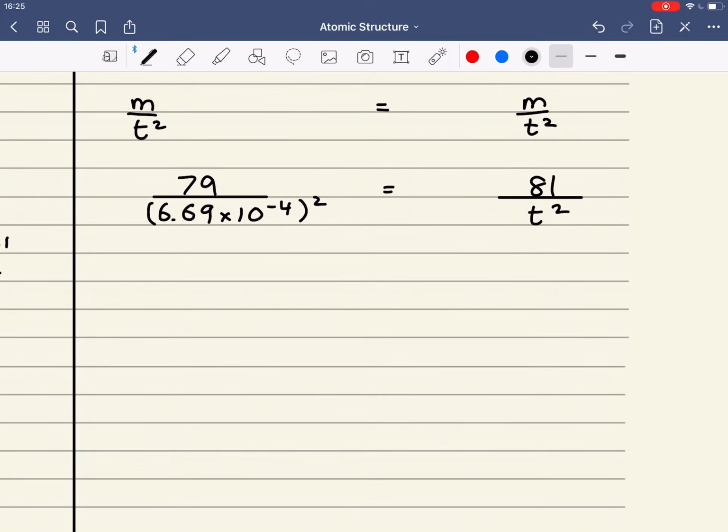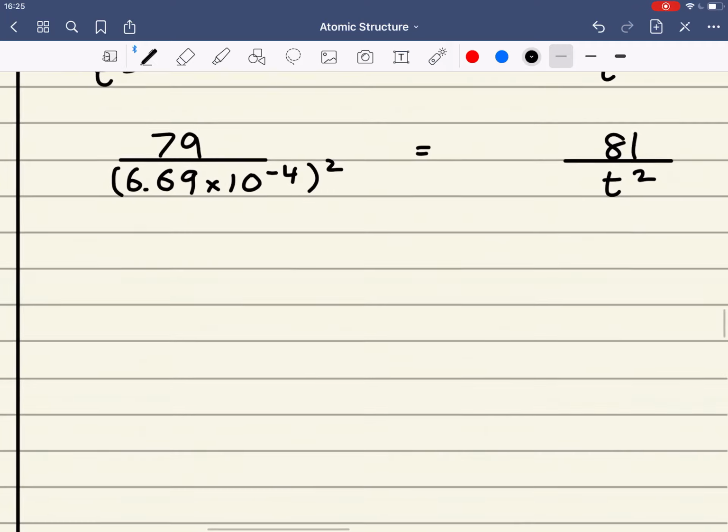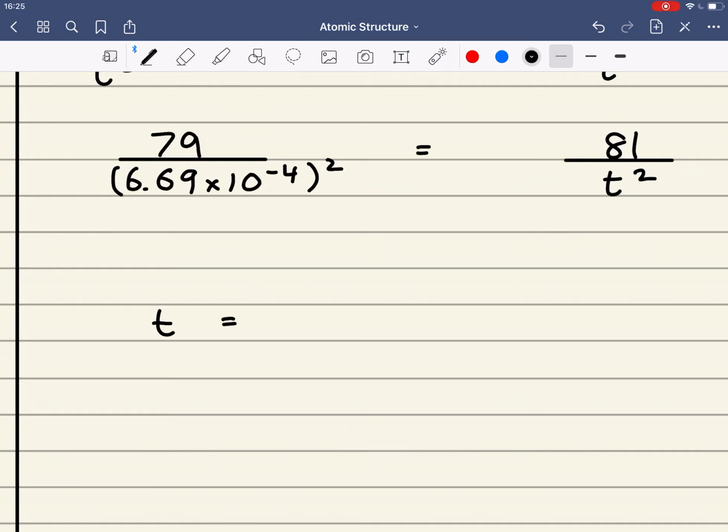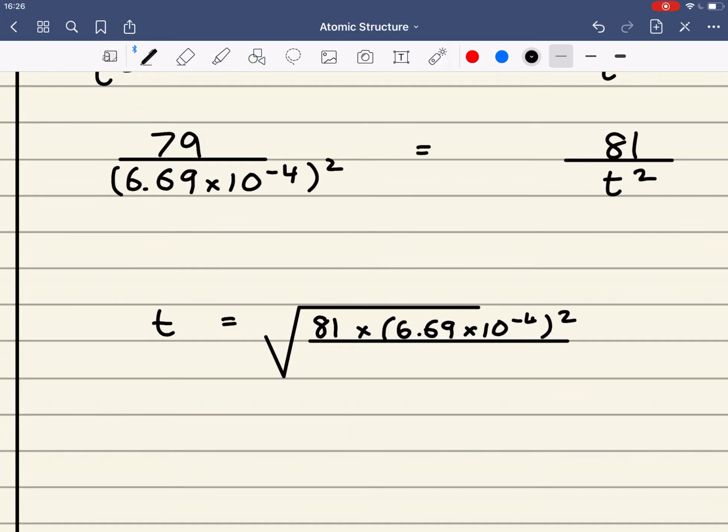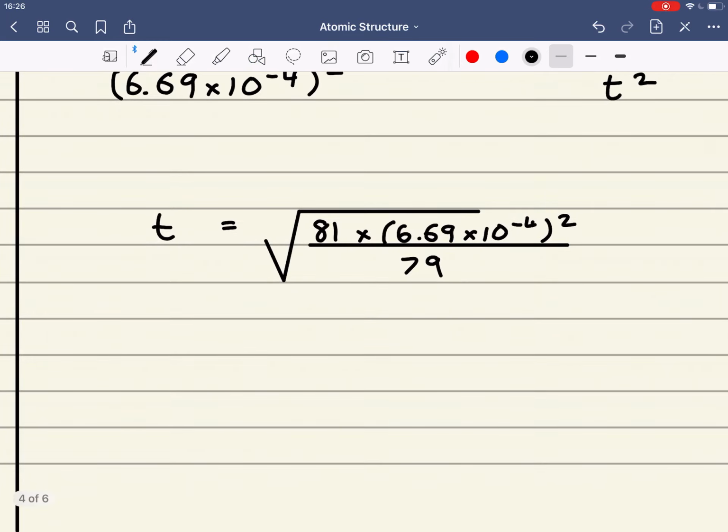Now, I need then to rearrange this to get t. So t is going to be equal to the square root of 81 times 6.69 times 10 to the minus 4 squared, divided by 79. And when you do this calculation, you should get exactly the same answer, 6.77 times 10 to the minus 4 seconds.